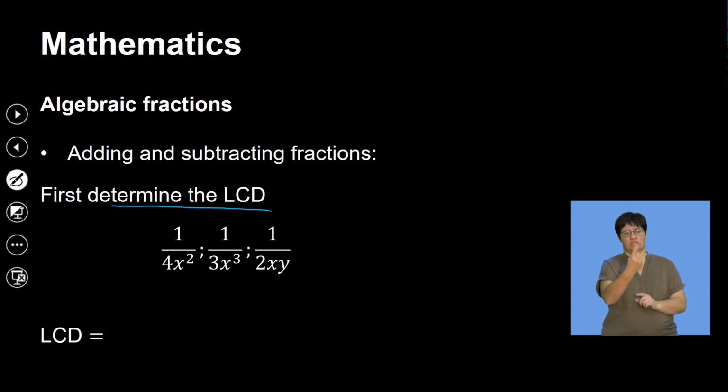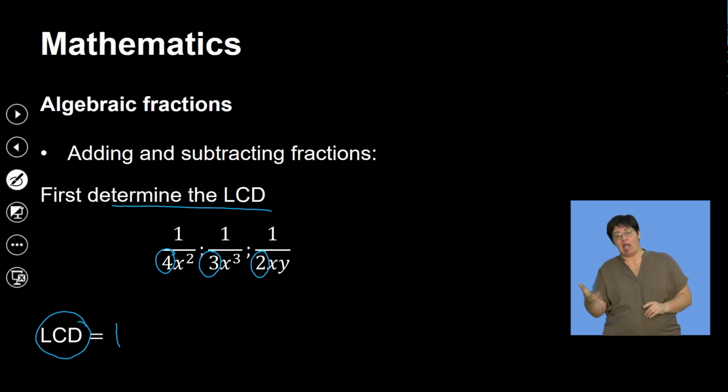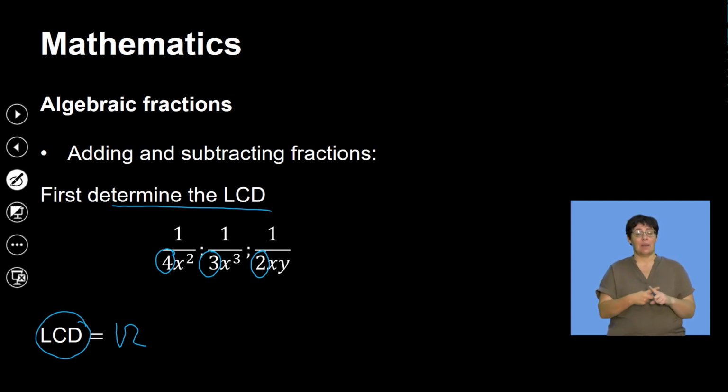Now, for example, if I have 1 over 4x squared and 1 over 3x squared and 1 over 2xy, you must find the LCD, which must be a number such that all the denominators are divisible into it without leaving a remainder. So a number that 4 and 3 and 2 can go into and not leave a remainder will then be 12, right? That we do know. Because 4 multiplied by 3 is 12, so 4 is divisible in there, 3 is divisible in there, and 2 is divisible in there.